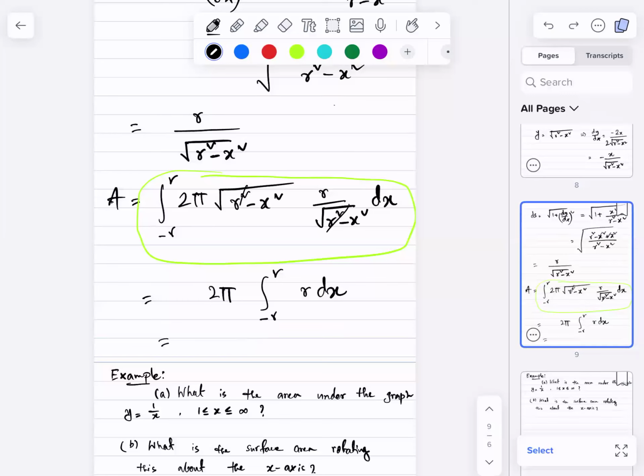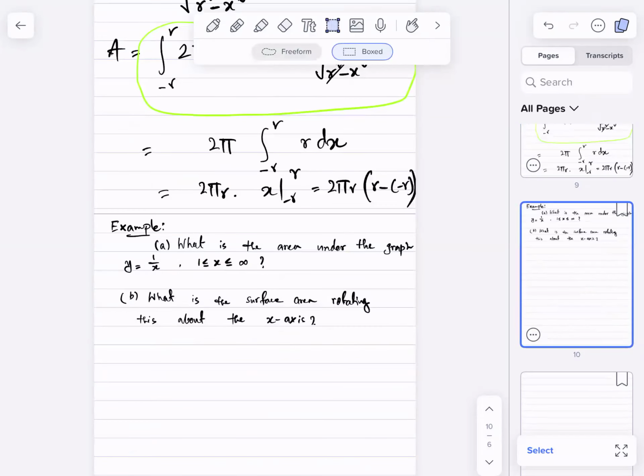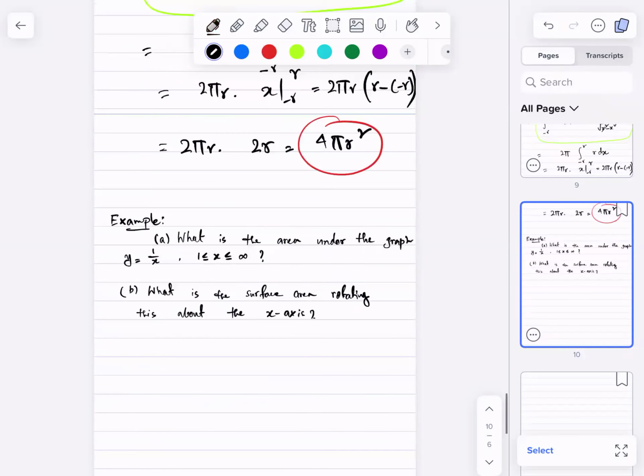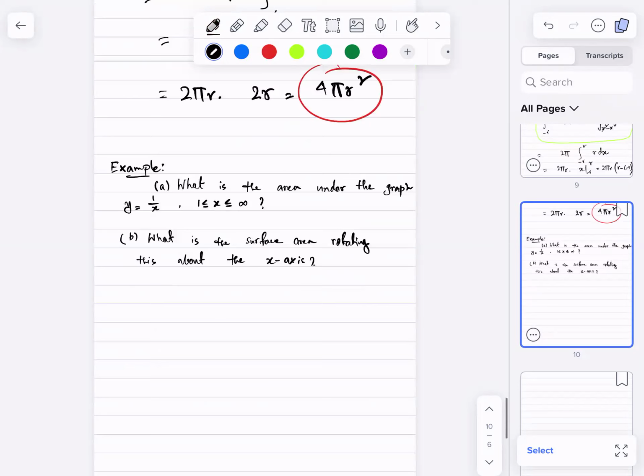So this is 2 pi r times x from minus r to r. So this is 2 pi r times (r minus minus r), which is basically 2 pi r times 2r. So 4 pi r squared. Therefore it matches. Sweet.